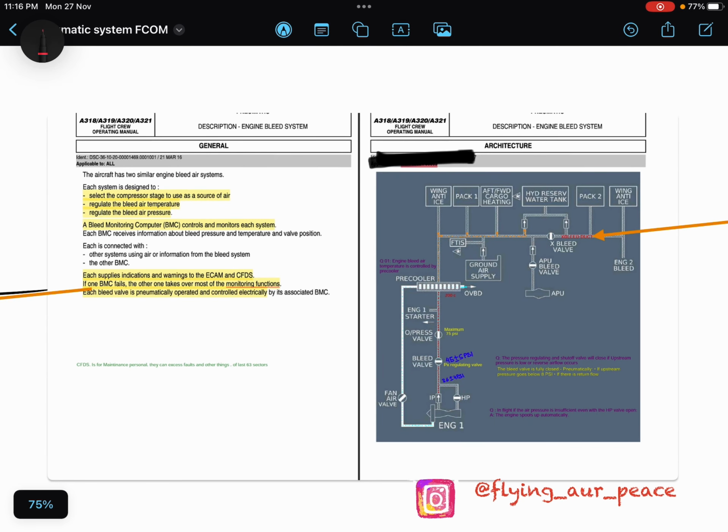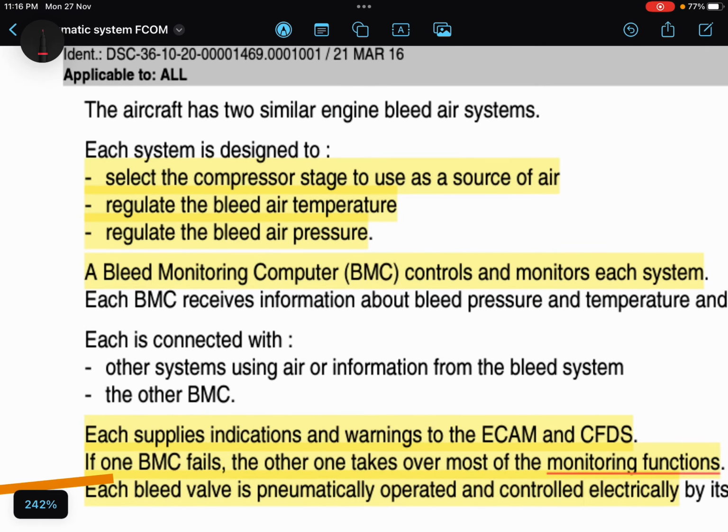Guys, can you tell how many engines your aircraft has? Definitely there are two engines, and each engine can produce bleed air, obviously, right? So each engine has the engine bleed system, and each system is designed to select the compressor stages to use as a source of air.